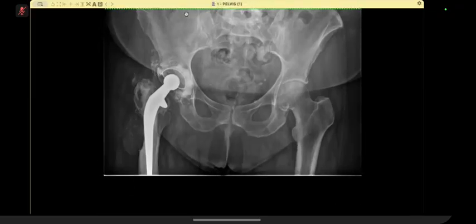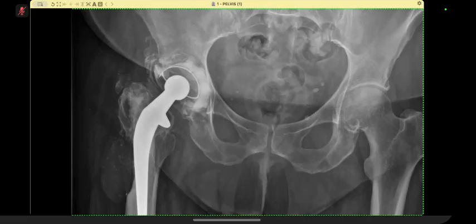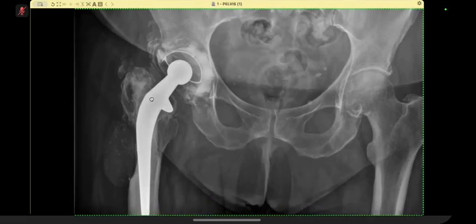There also appears to be an ill-defined lesion in the soft tissue adjacent to the prosthesis with few chondroid matrix and few small calcifications within.